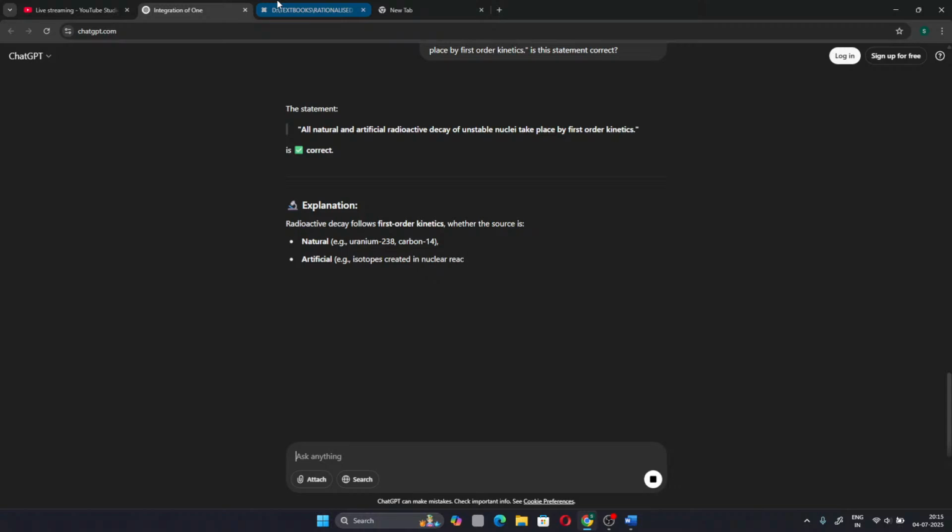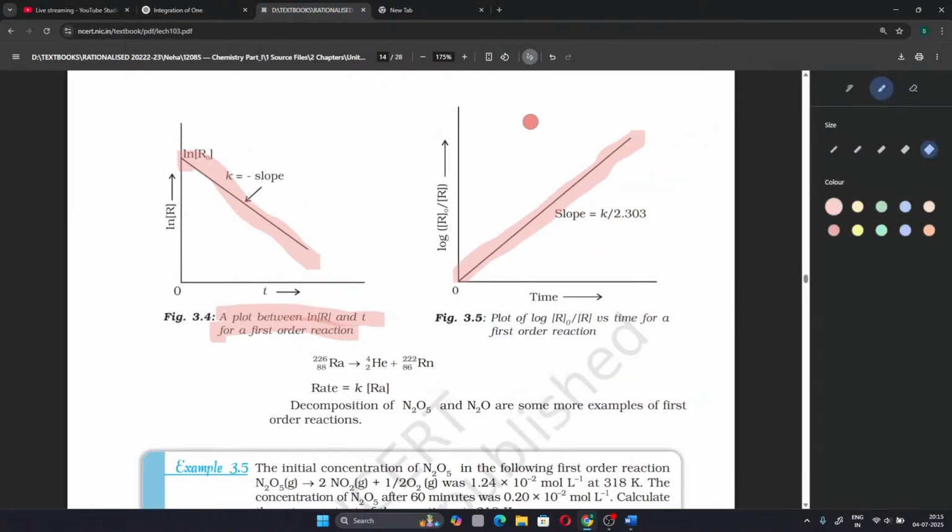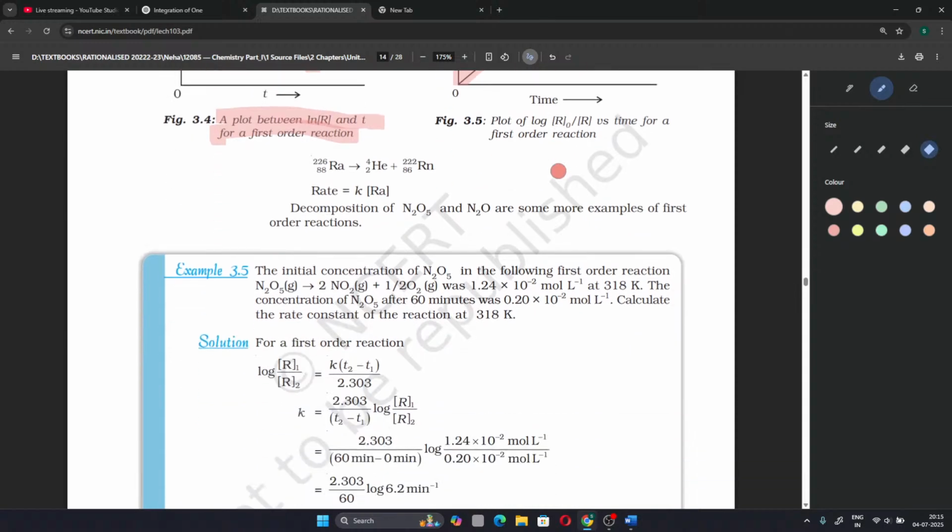It is correct. And they gave an example of radium 226 88 having an alpha decay, giving an alpha particle and radon. Rate equals k times concentration of radium. Decomposition of dinitrogen pentaoxide and dinitrogen oxide are some more examples of first order reactions.